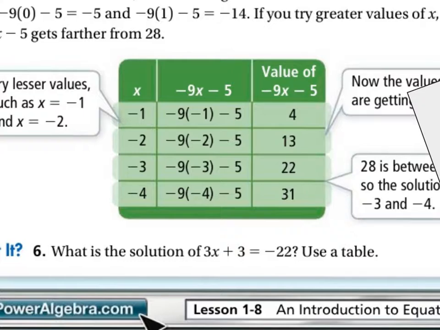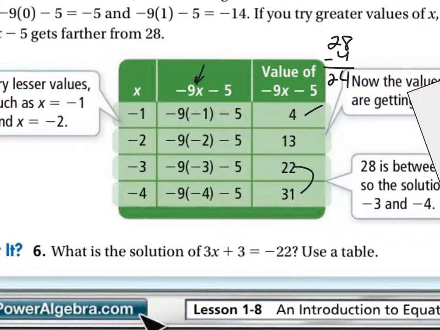And they got 4. We're trying to get 28, so we were at 4 trying to get 28, so we were off by 24. We're going by 9s here, so I don't know that I would just go to the next number if I was thinking about this, but that's okay. They did -2, they got 13, -3, they got 22, -4, they got 31.